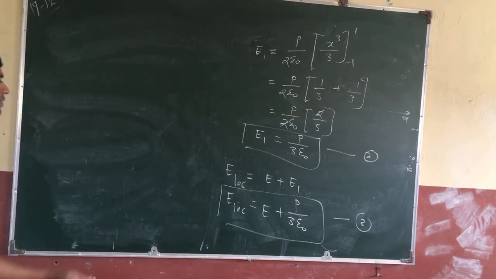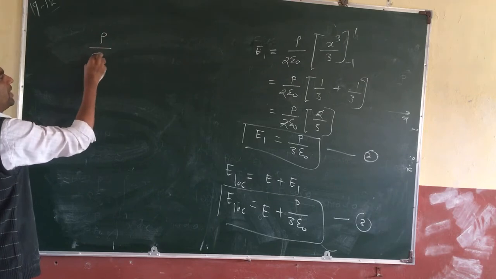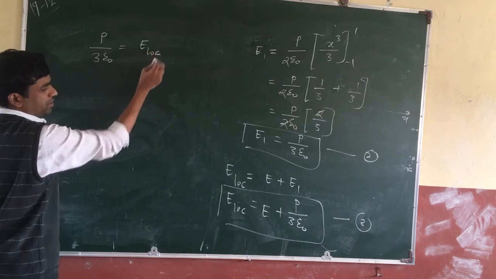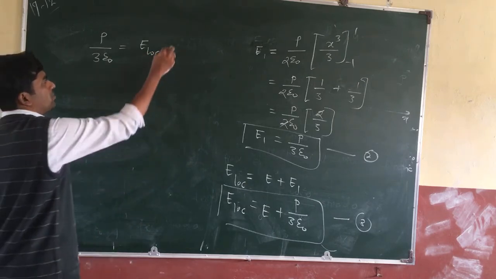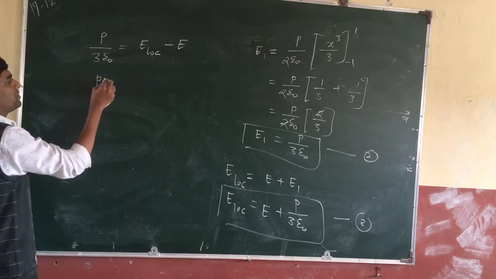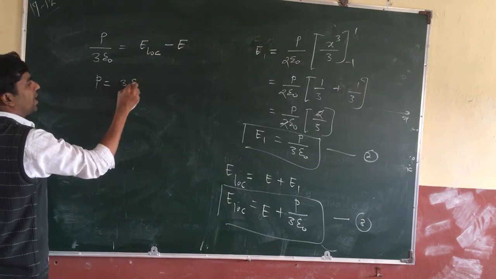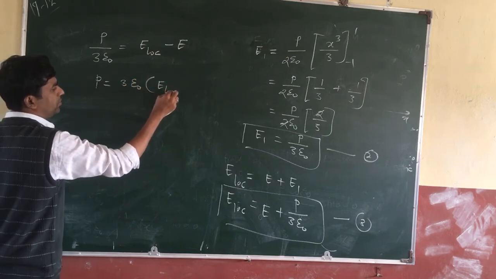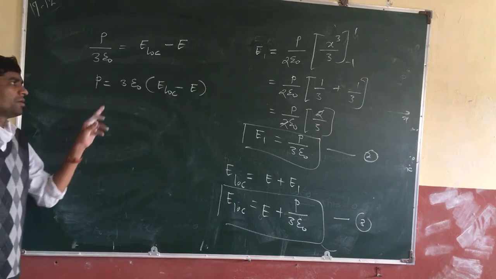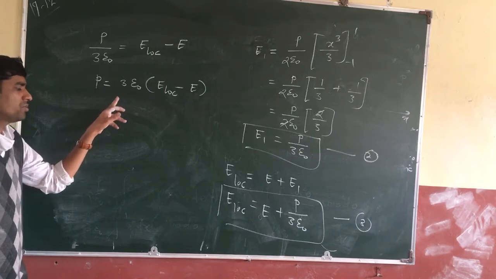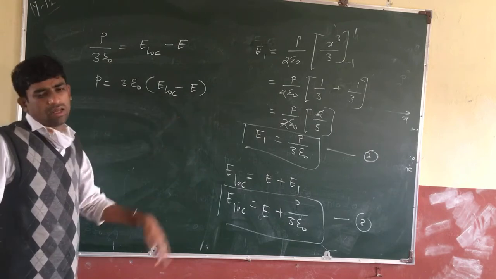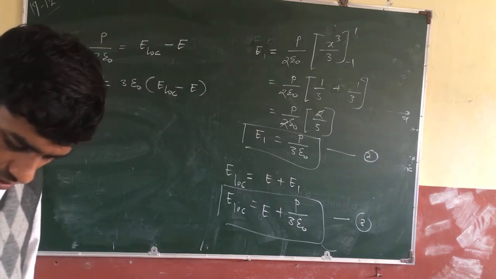So this equation gives that P divided by 3 epsilon naught is equal to the local electric field minus E. So this gives you P is equal to 3 epsilon naught times the local electric field minus E. In this equation, if I substitute the value of the local electric field, I will get the equation for polarization.